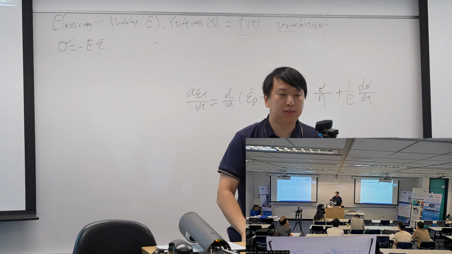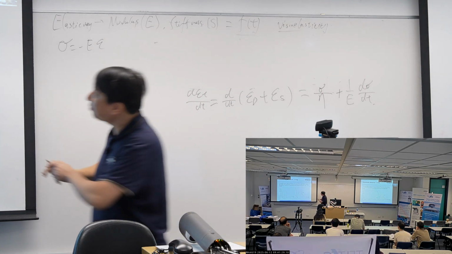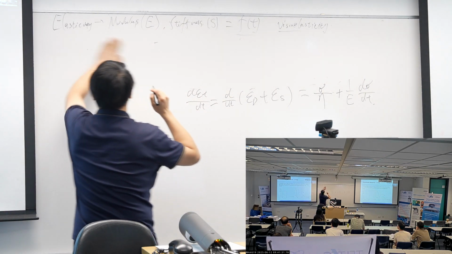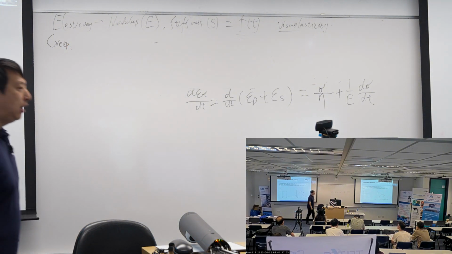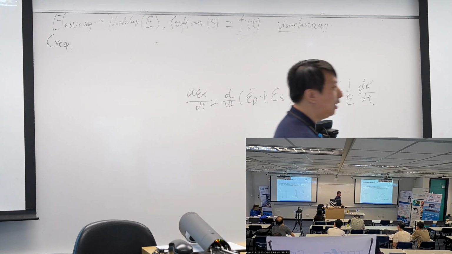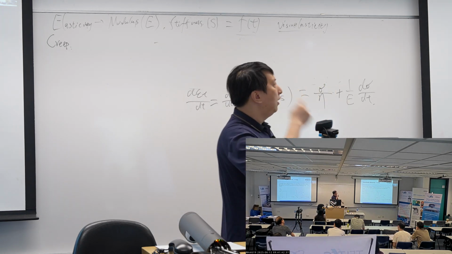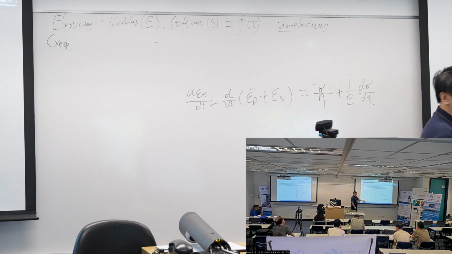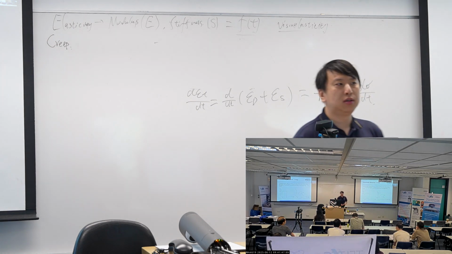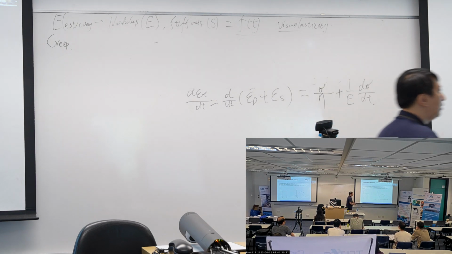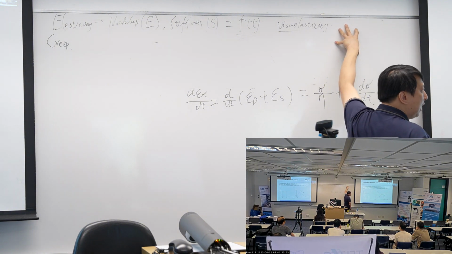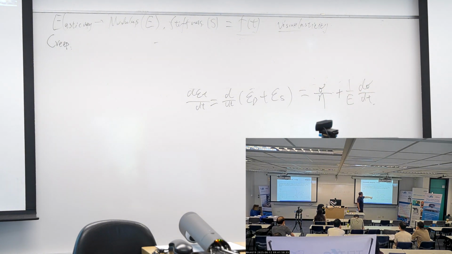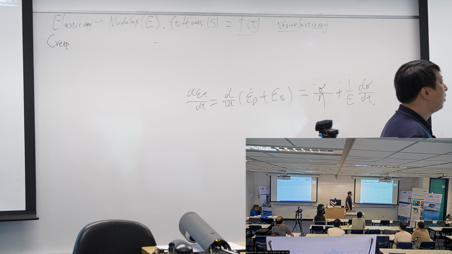He made up an experiment like this, which he called creep. He thought, if at time 0 I apply a large force on my material, since it has both elasticity and viscosity, it should give me a deformation, which he called epsilon 0.